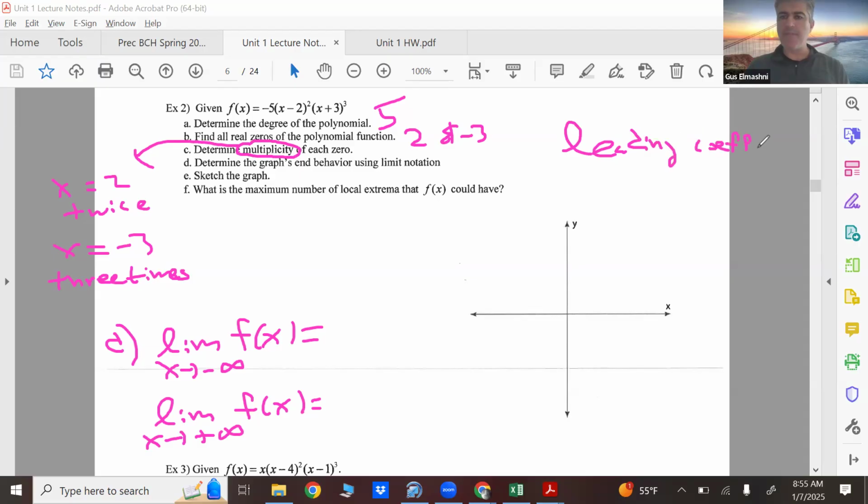What will be the leading coefficient, guys? Perfect. So, if it's an odd degree, I expect the arrows to go in opposite directions, but it's a negative leading coefficient. It's gonna look like that. So it's gonna be positive infinity and negative infinity. Okay, and then I'll do a few tick marks.